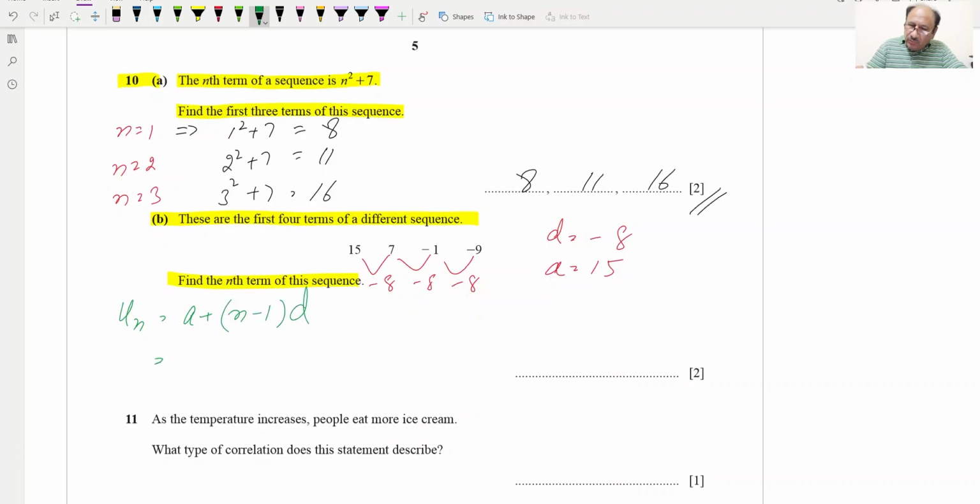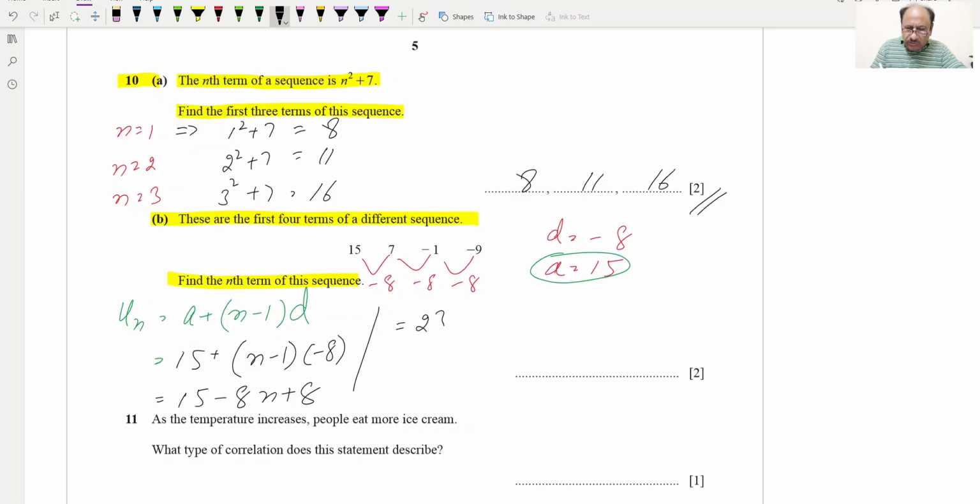So we'll write here 15 plus n minus 1 into minus 8, and we can open the bracket and we will get 15 minus 8n plus 8, and further adding the like terms, 15 plus 8 will be 23. So 23 minus 8n is our answer for this 2 marks part.